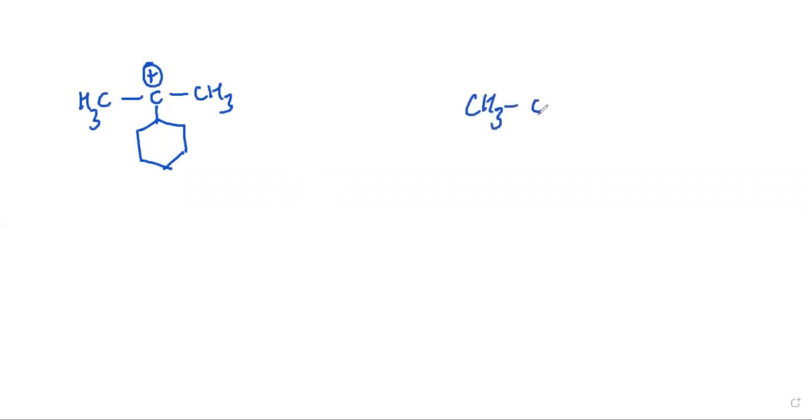Okay, my dear students, I'm going to give you one more example. See, this is the cyclohexane that is bonded to a carbon, and then you have CH3, and then you have CH3, and there is a positive charge on it. And then you have CH3, CH3, and then you have CH3, and a positive charge on it.